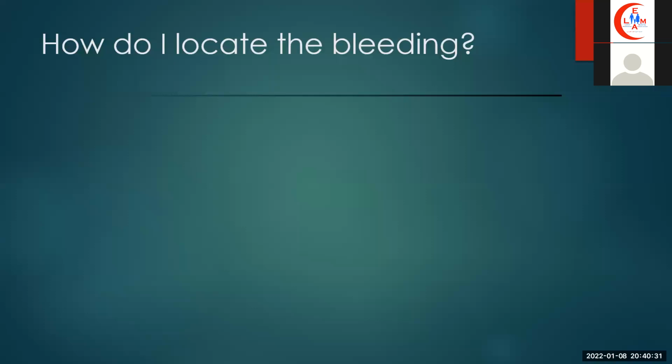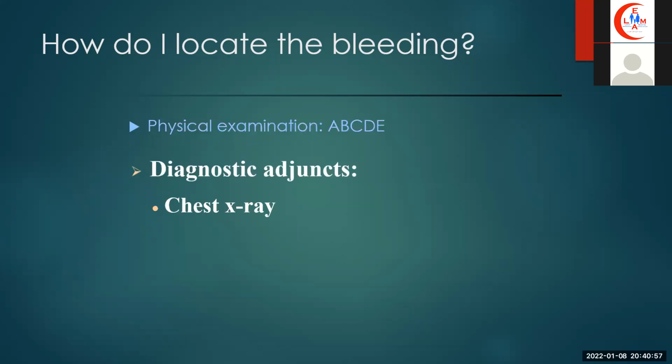So the next thing, if the patient is in a state of hypovolemic shock, how do I locate the bleeding? Of course, in any trauma patient, A, B, C, D, E: airway, breathing, circulation, disability, and exposure. It's very important in all trauma patients. Of course, you have to examine your patient initially, taking history and examination.